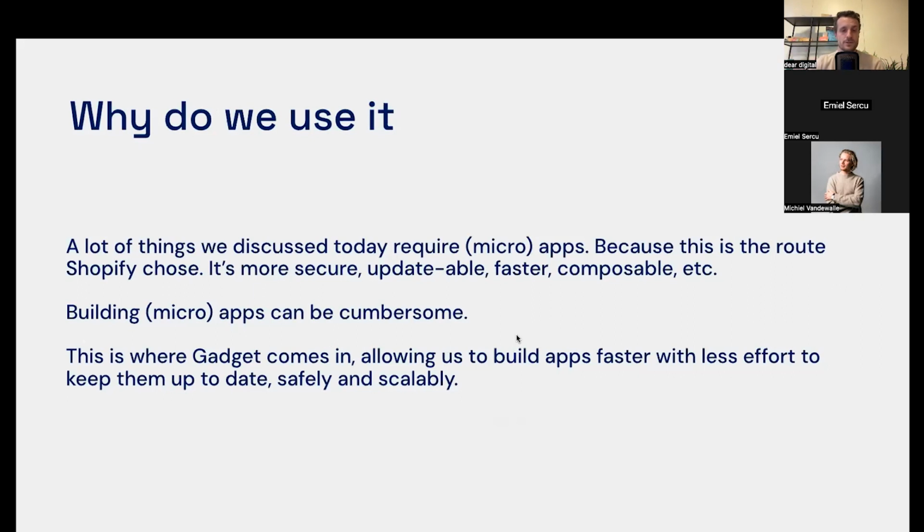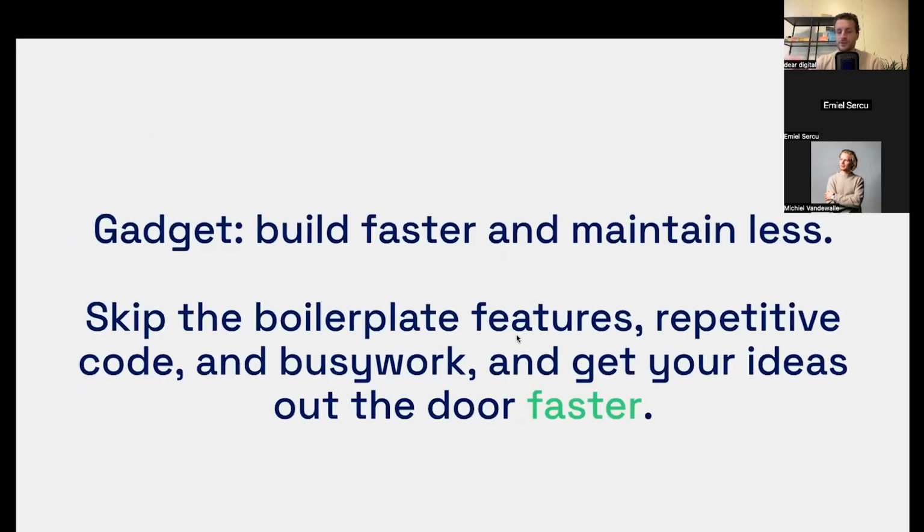So here is the summary of what Gadget does. It's the potential to build faster and maintain less. This is super important for us as an agency to show that we really care about building in this way.